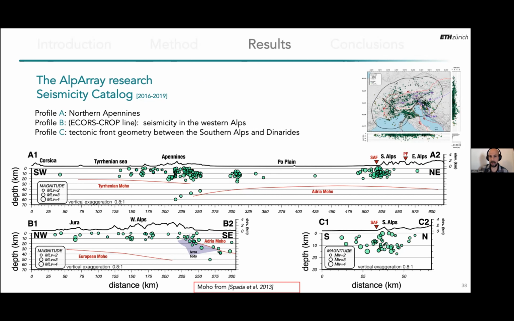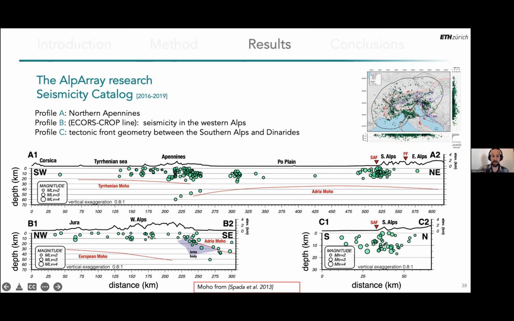We see, for instance, that the cross-section that goes through Corsica up to the Eastern Alps is showing nicely the subduction of the Adria Moho towards the Tyrrhenian Moho, as well as the section across the Western Alp foreland to Piemonte, where we can appreciate the well-reported shallow seismicity in the Western Alp foreland.